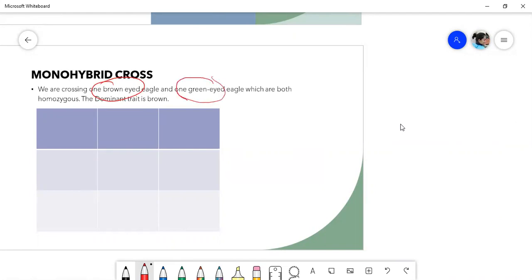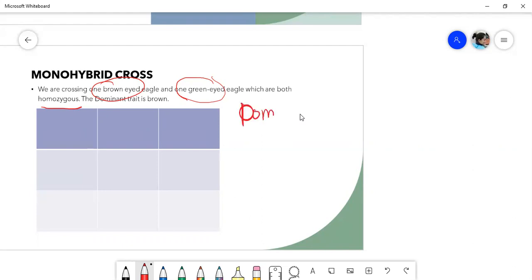Okay, so here, it is included that they are both homozygous. When we say homozygous, that means they both have the same trait. So it can be the same dominant trait or the same recessive trait. All right.